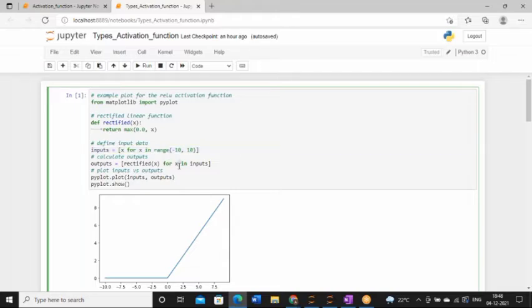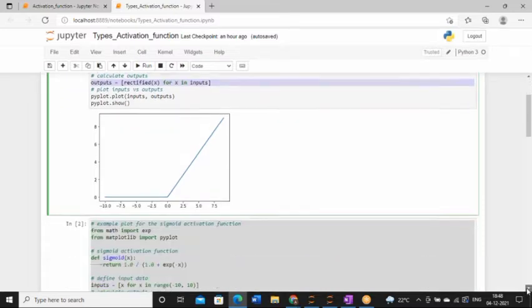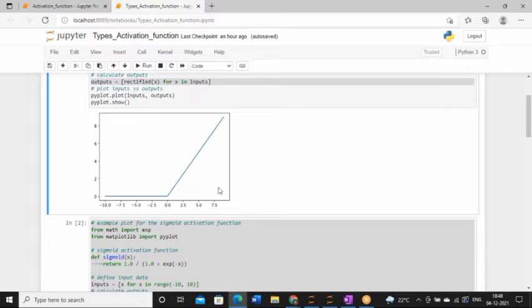Then I have calculated the output, and plotted the activation function within that specified range, and this is how the activation function will look, right?